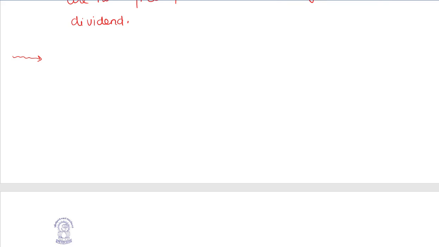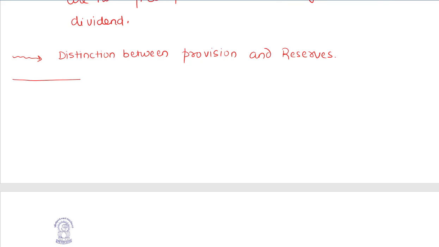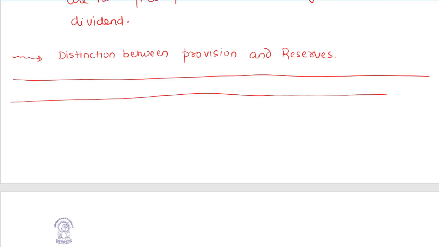Let us see the distinction between provision and reserves. Basis: provision, reserves.